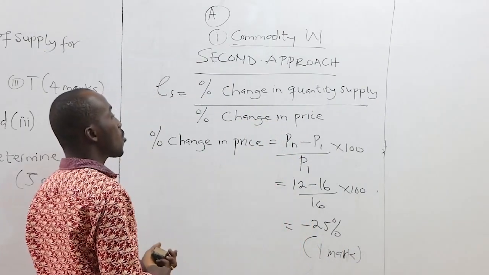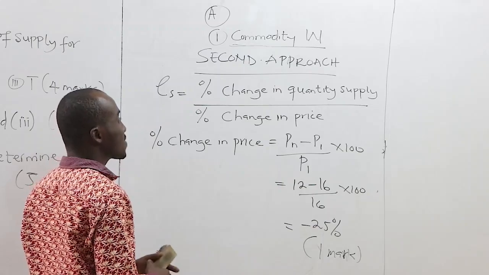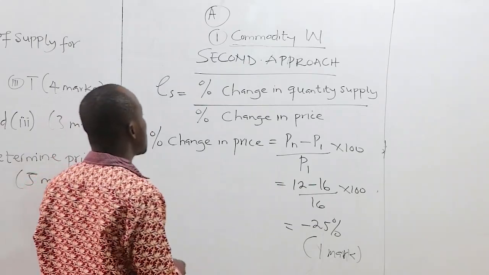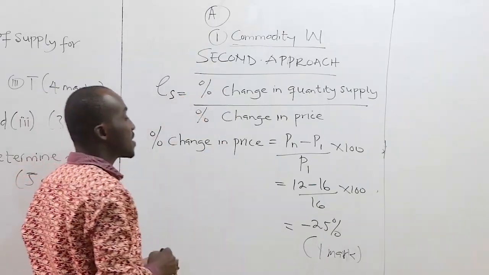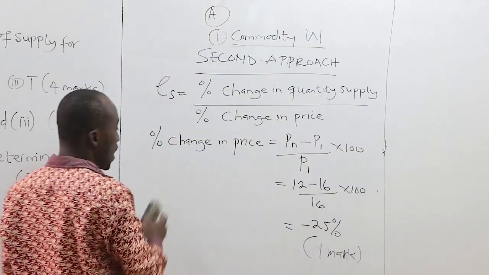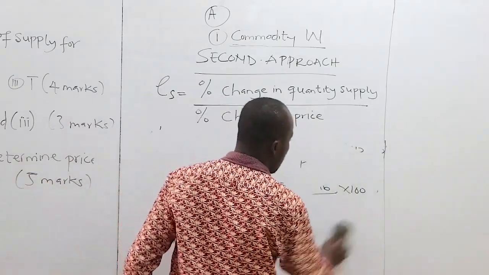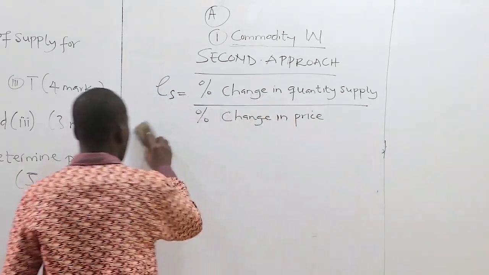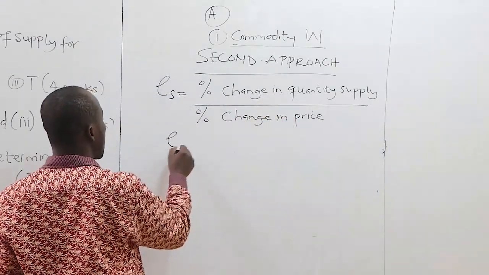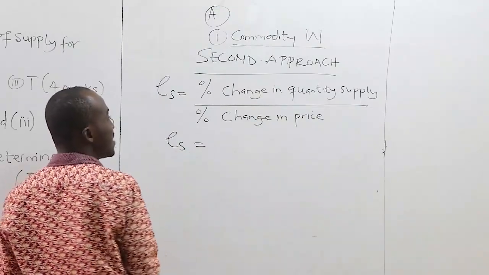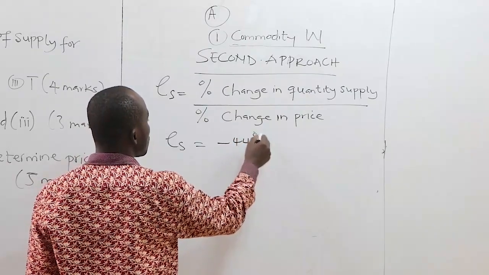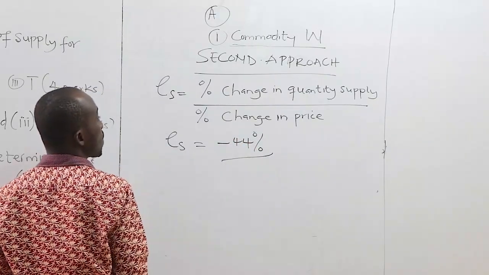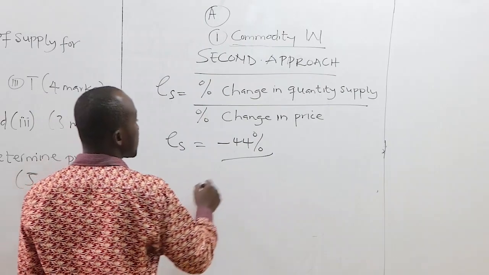Okay, so now you're going to put it into the elasticity formula. Since we know the top and we know the bottom, we can just put it in and get the elasticity. So now, the elasticity of supply is equal to the top one, the change in quantity supply, negative 44, over the change in price, which we got as negative 25.